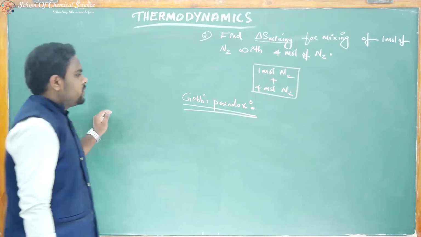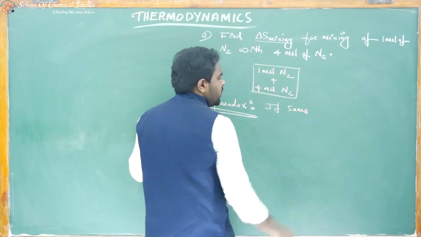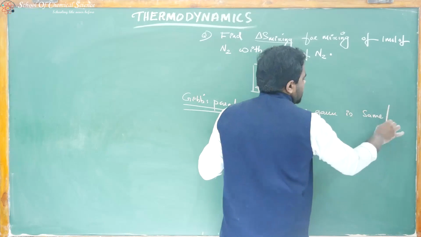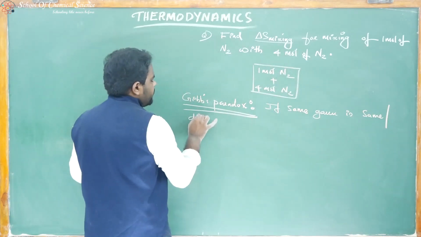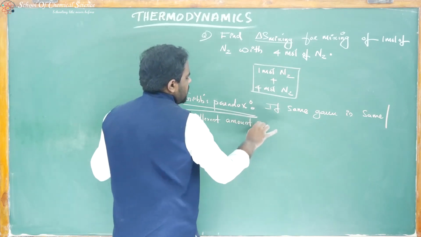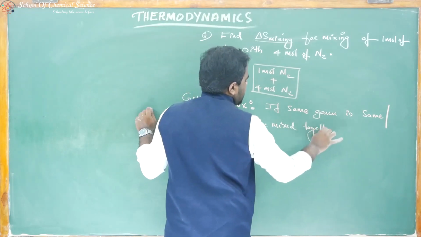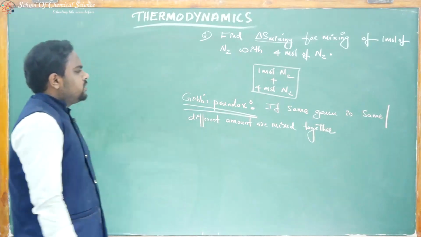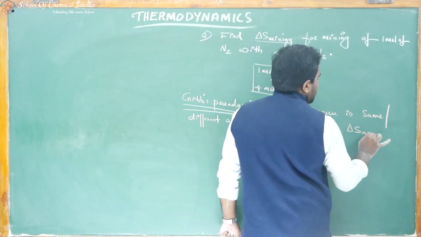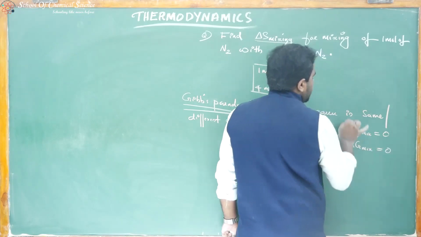According to Gibbs paradox, if same gases, here both gases are N2, in same or different amount are mixed together, delta S mixing is equal to 0 and delta G mixing is equal to 0.